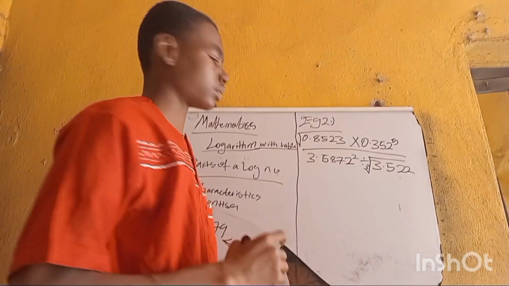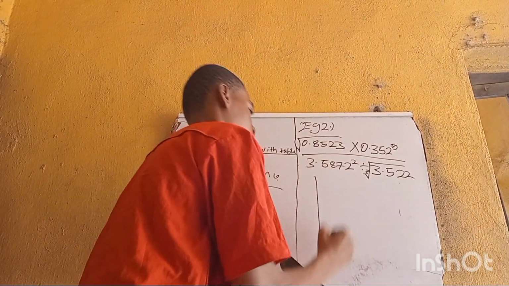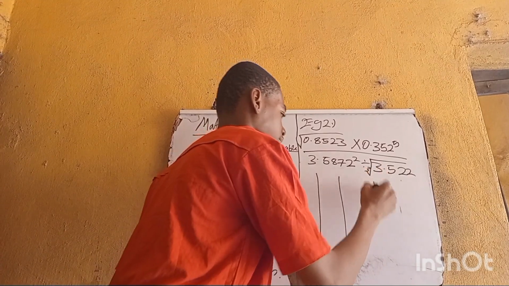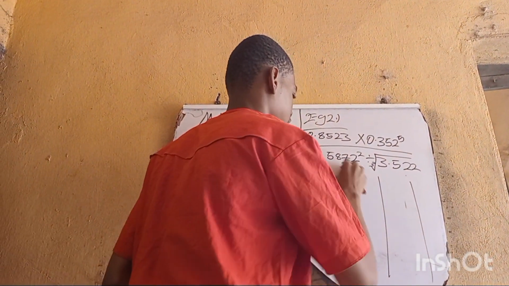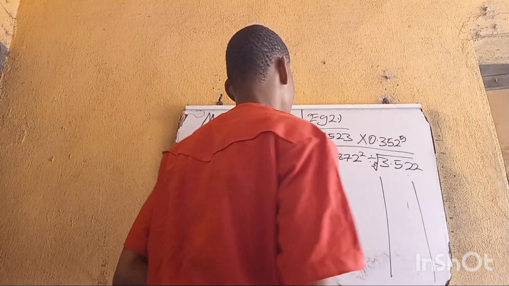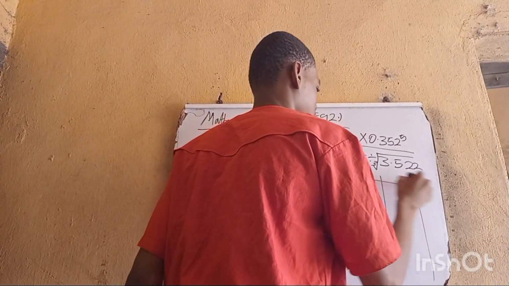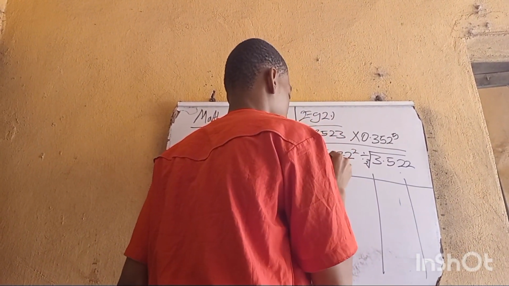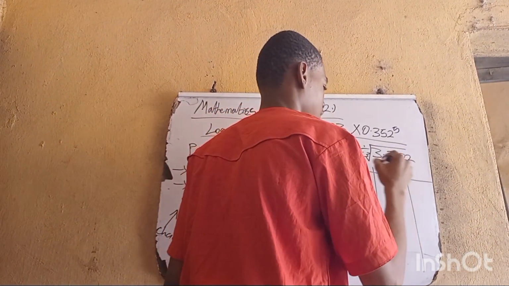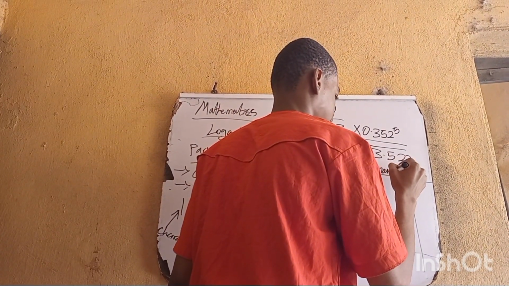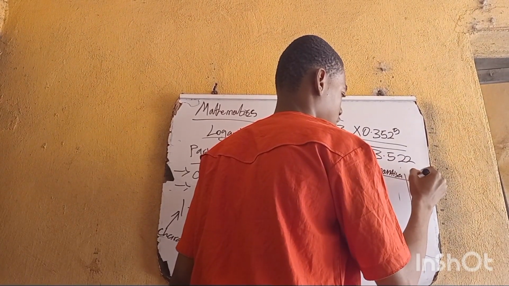What are we to do? First, draw your table. Here will house your number, your standard form. Here will house your mantissa. Here will house your logarithm.